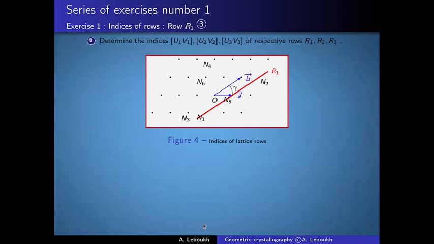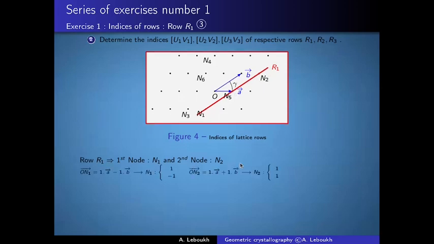Now, if we take as first node N1 and second node N2, we remark that there is another node between these two nodes.